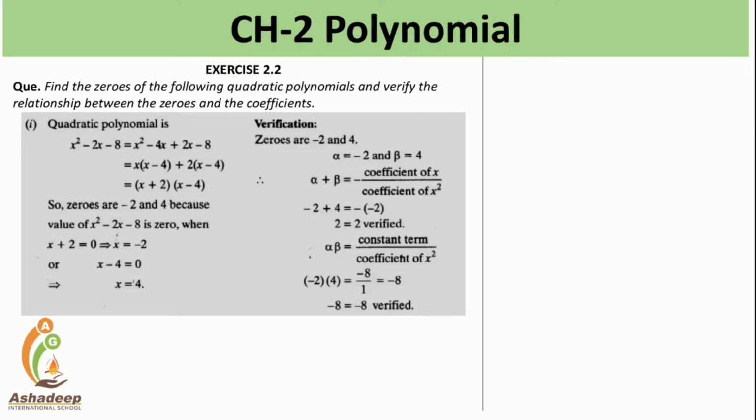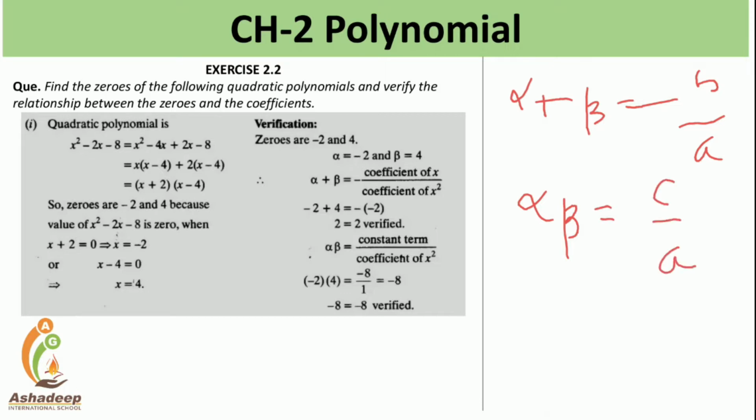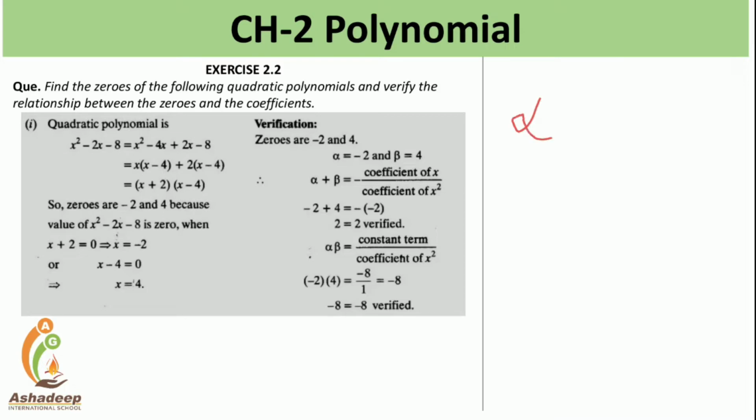Okay. So here mainly we need to focus on the formulas that we did in the last lecture, and that is the sum of zeros for the quadratic equation. Sum of zeros alpha plus beta is equal to minus b by a, right? And alpha into beta is equal to c by a. So these are the two main formulas that we need to focus on. And the third one: if we are given the zeros, say the zeros are alpha and beta, then we need to find out the quadratic equation.